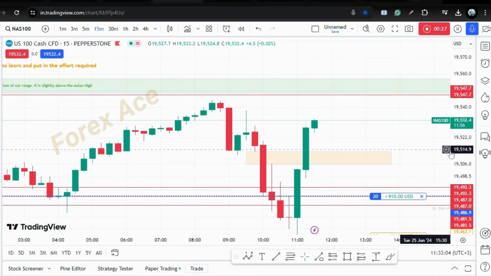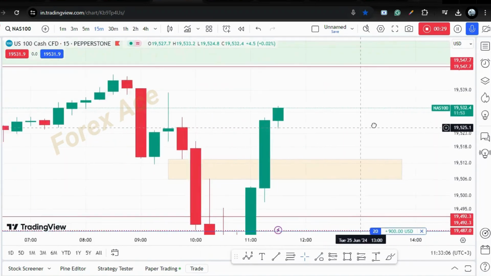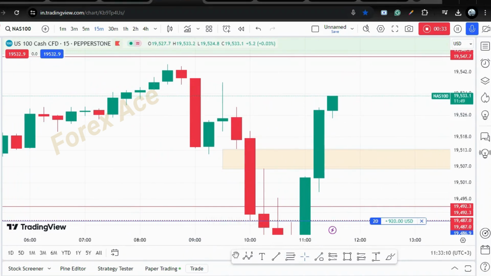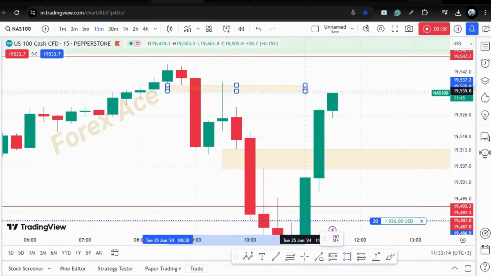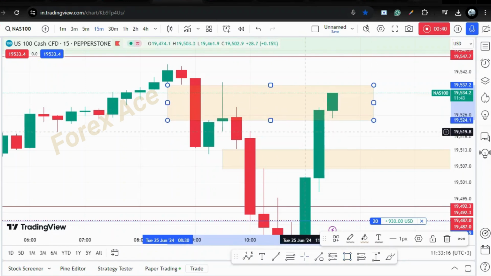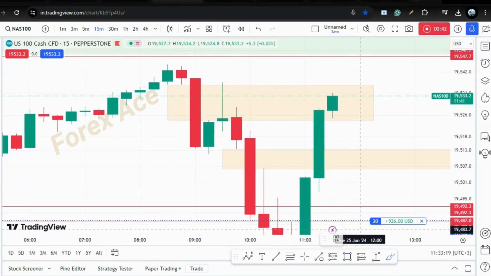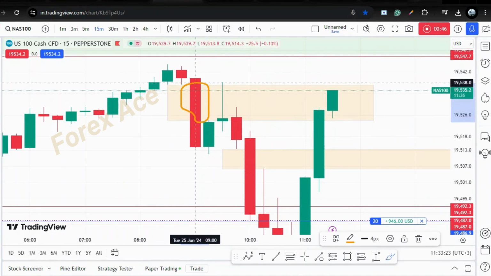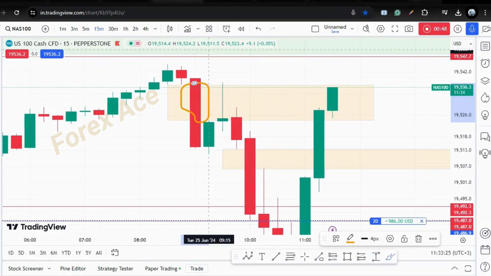Can you see this fair value gap? This one. That fair value gap.